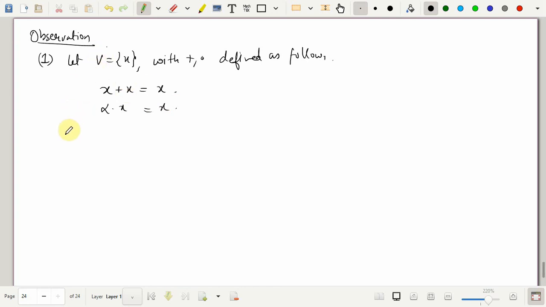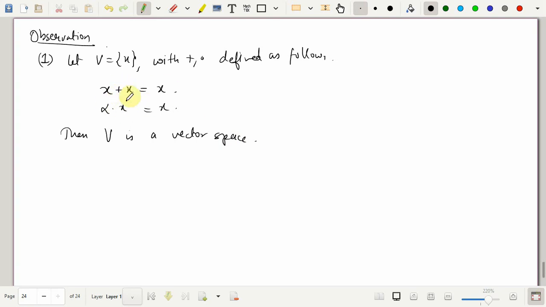Only in this case you can prove that V forms a vector space. So V is a vector space. If this is the case, what do we observe?